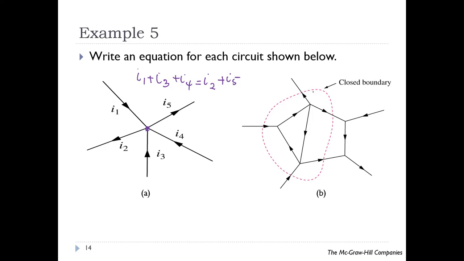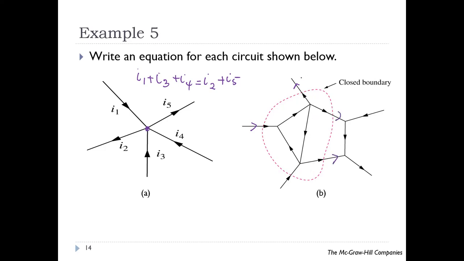And also for the case of closed boundary, this is the closed boundary, and for this case it is as if you don't know what's inside the boundary, you just know within each boundary whether the currents are leaving or entering. So these are the boundaries.